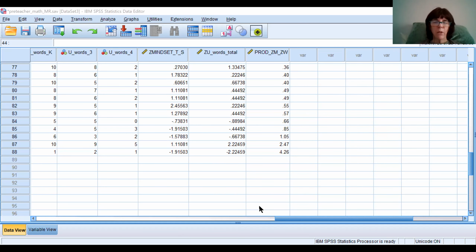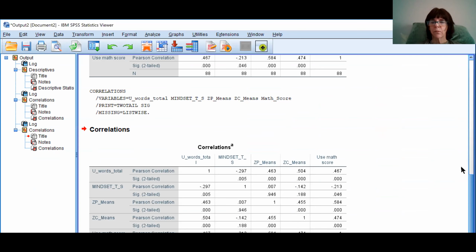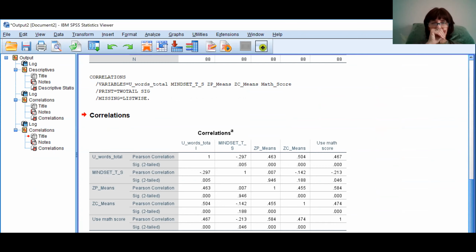And if we look at the output, we see that, of course, it's a symmetrical distribution because the relationship between unique words and mindset is the same as the relationship between mindset and unique words. The relationship of a thing with itself is 1, so you always see 1 on the diagonal.